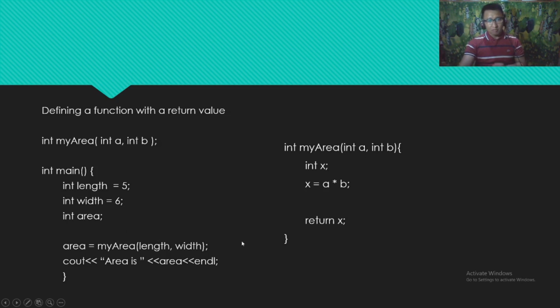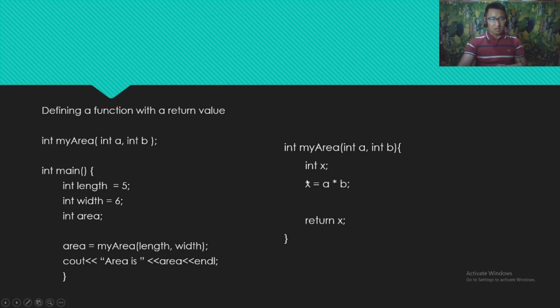After the calculation, 5 times 6 is equal to 30. So 30 is now going to be stored in this particular variable. This variable is containing 30.